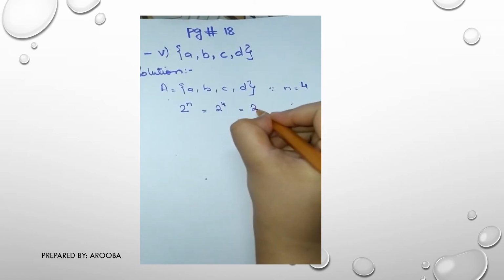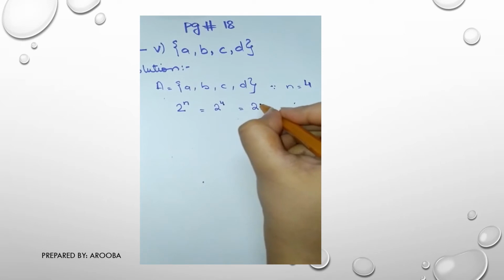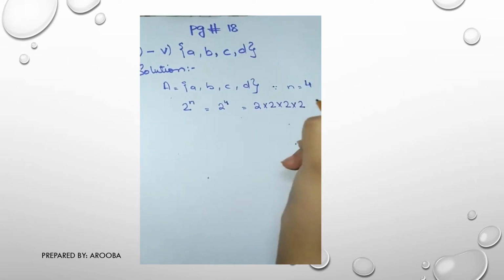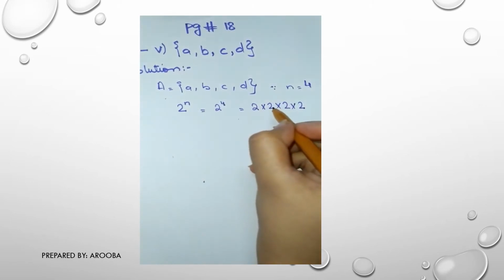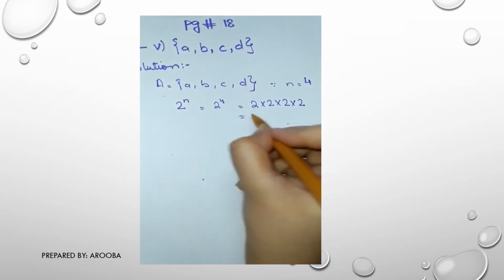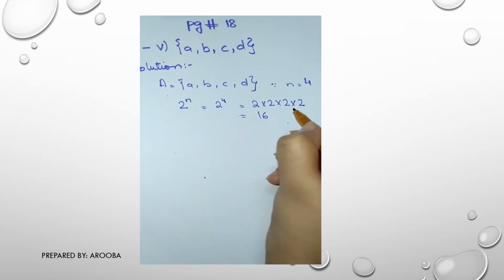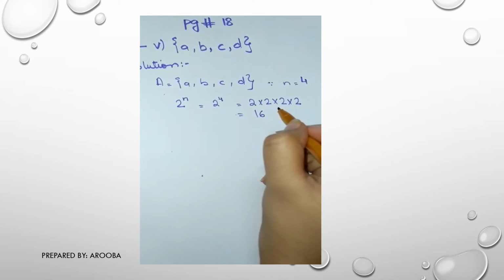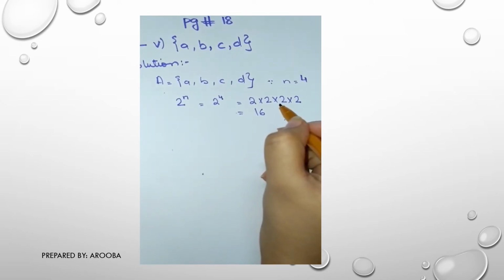That means 2 is multiplied by itself 4 times. 2 2s are 4, 4 2s are 8, 8 2s are 16. So the answer is 16. The required number of subsets for this power set is 16. We have to make 16 subsets.